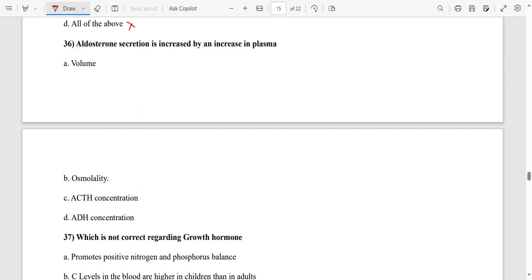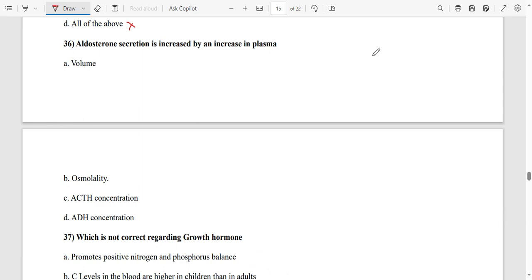Which one would increase the secretion of aldosterone? What is the function of aldosterone? It is involved in sodium reabsorption, right?